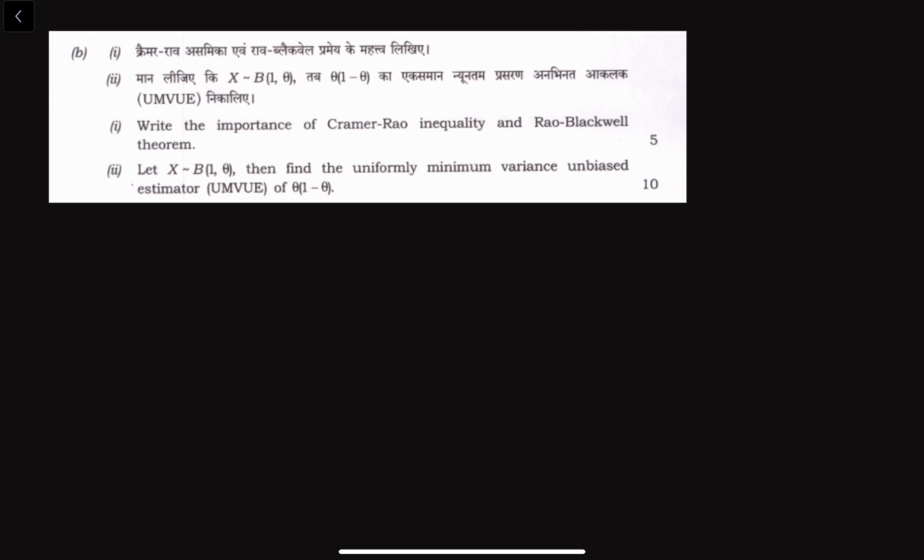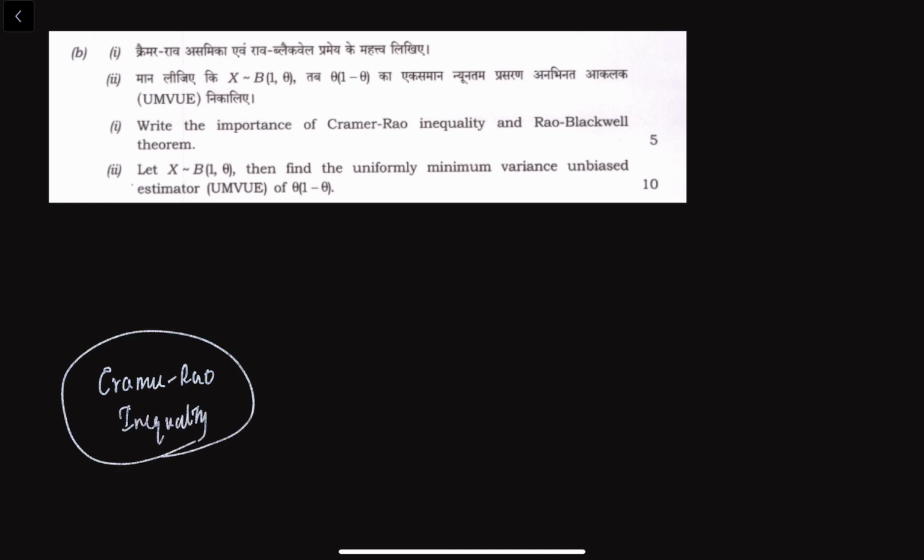First of all, if we consider the Cramer-Rao inequality, the first thing is that it provides the lower bound for the variance of any unbiased estimator under the regularity conditions.